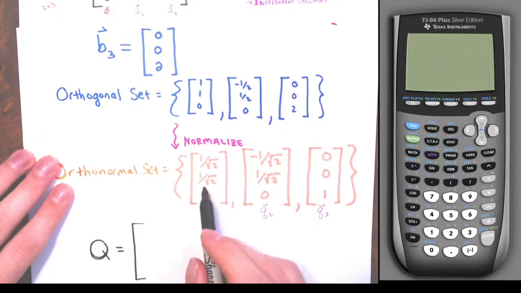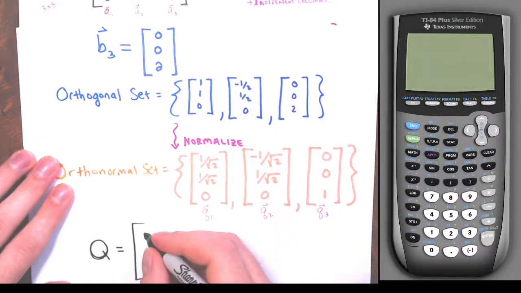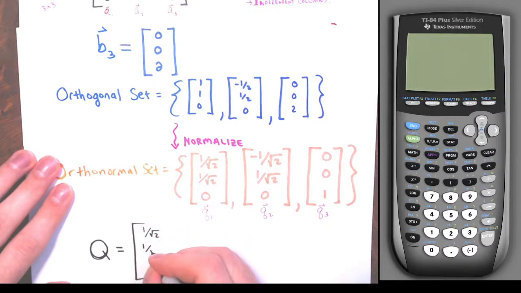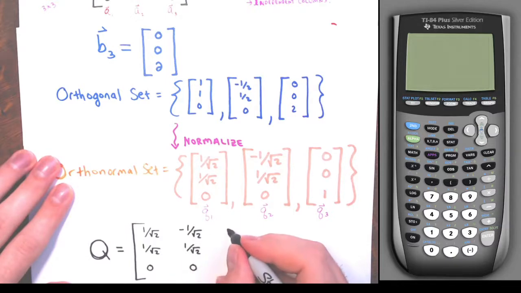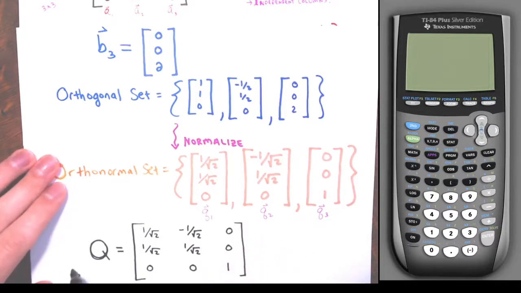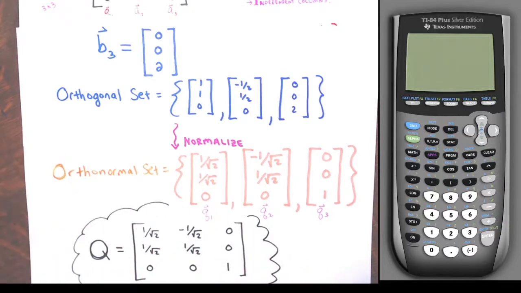It's made up of these three orthonormal columns: 1 over the square root of 2, 1 over the square root of 2, 0, and negative 1 over the square root of 2, 1 over the square root of 2, 0, and then 0, 0, 1. I'm not done yet, but I'm just going to put this in a bubble. This is half the battle.